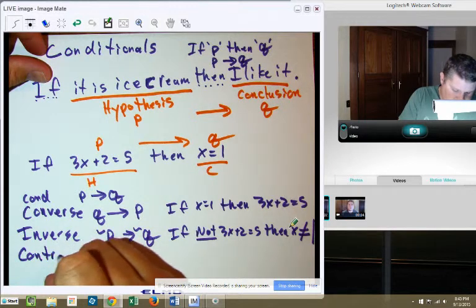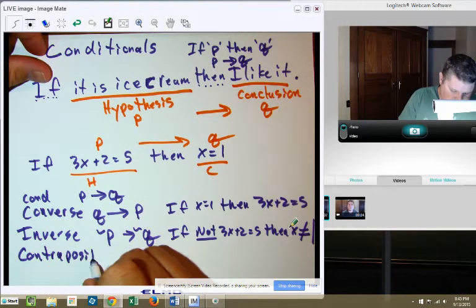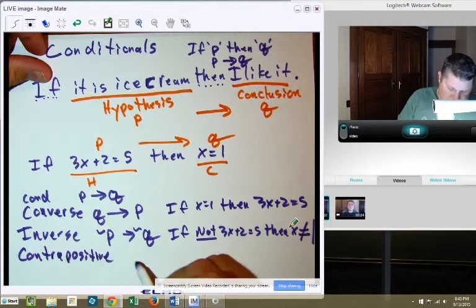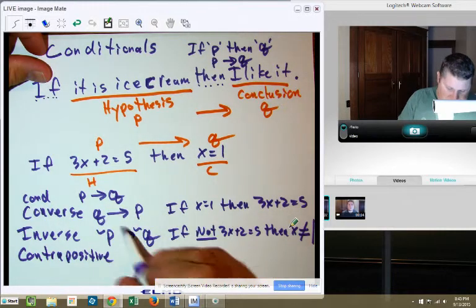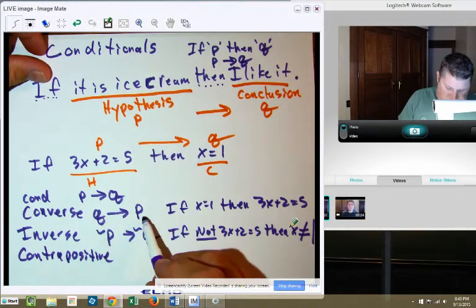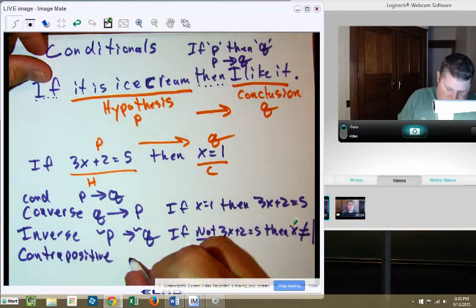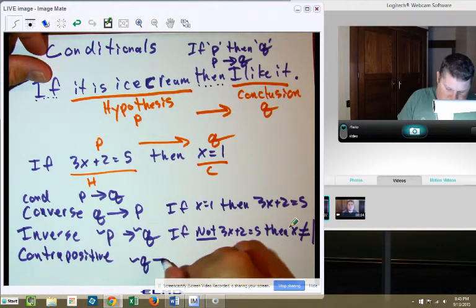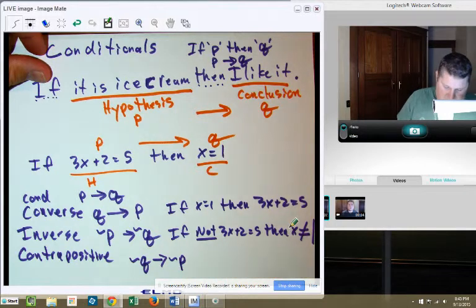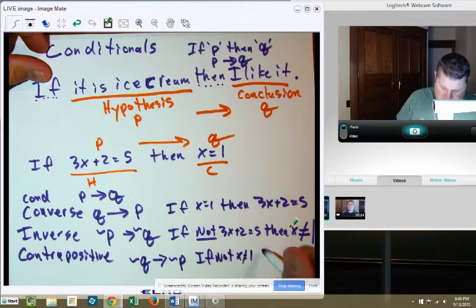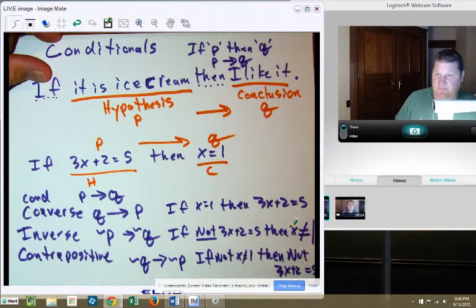Finally, we have the contrapositive. The contrapositive is you not just do P and Q, you switch them, and you put the negation. So it's like converse and inverse together make not Q, then not P. So if not x equals 1, then not 3x plus 2 equals 5.